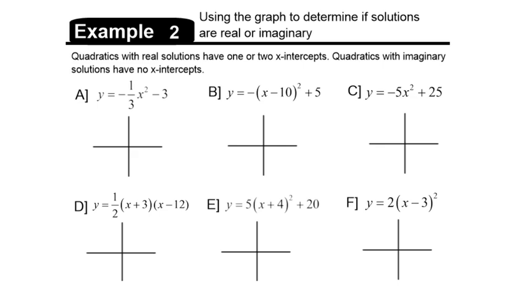Let's do 10s: 10, 20, 25. There it is. A is negative 5, so our graph is going to turn down, something like this. So that creates two x-intercepts.